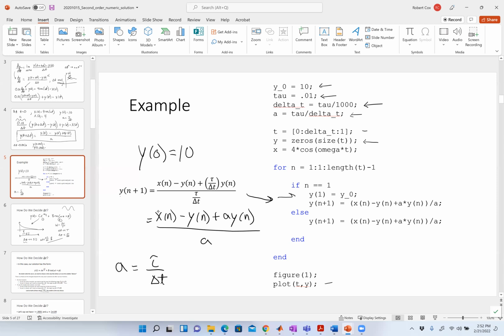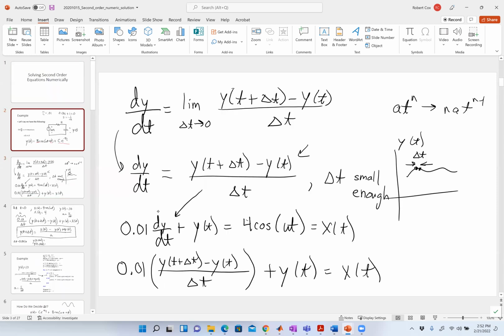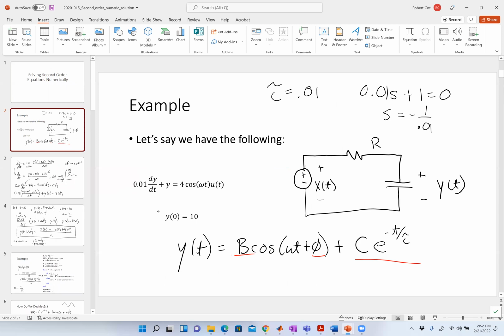I don't need to solve the whole differential equation. But if I gave you this differential equation right here, you know that the form of the solution is that, right? There are two components to the solution. So if there are those two components, how do I choose a time step? What did I have to think about?